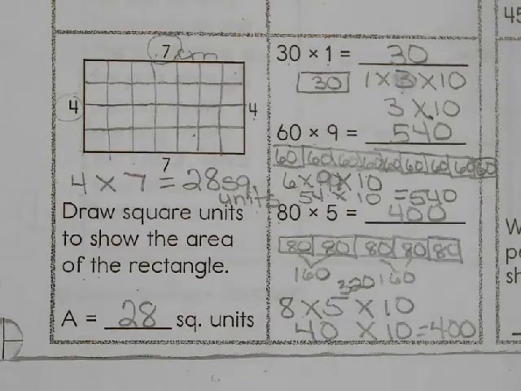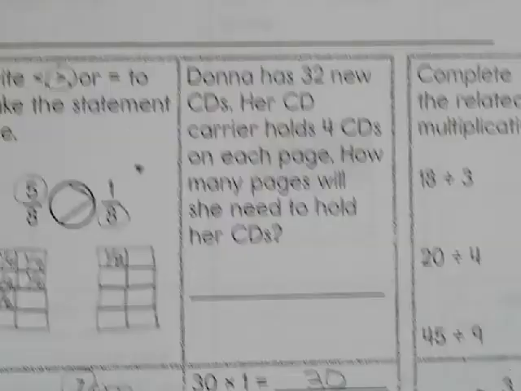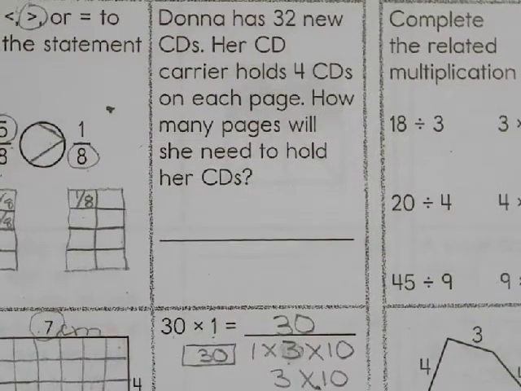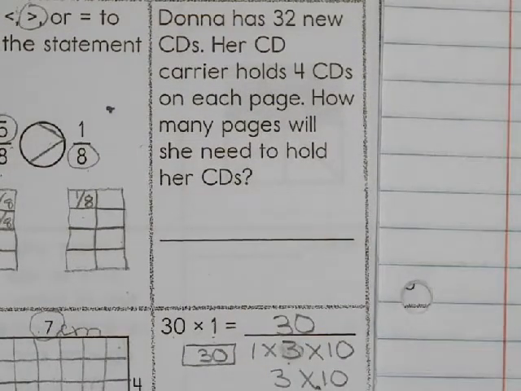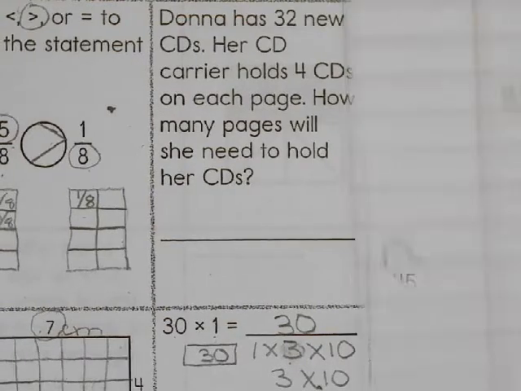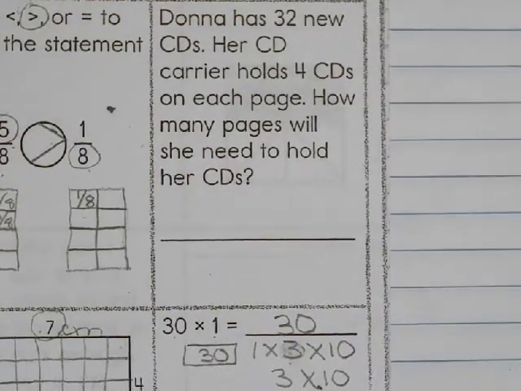Now, let's take our word problem, and it says Donna has 32 new CDs, and her CD carrier holds 4 CDs on each page. How many CD pages will she need to hold those CDs?